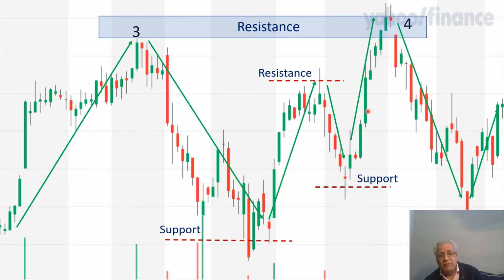But the volatility is very high because we have longer upper and lower shadows all over. So that's the sign of volatility. So here, when the price reaches here and penetrates the resistance level, and then again is followed by a doji, that's a long-legged doji.